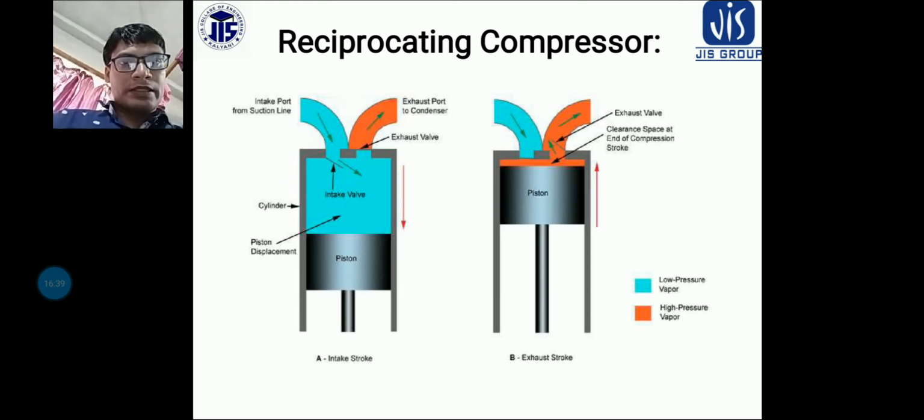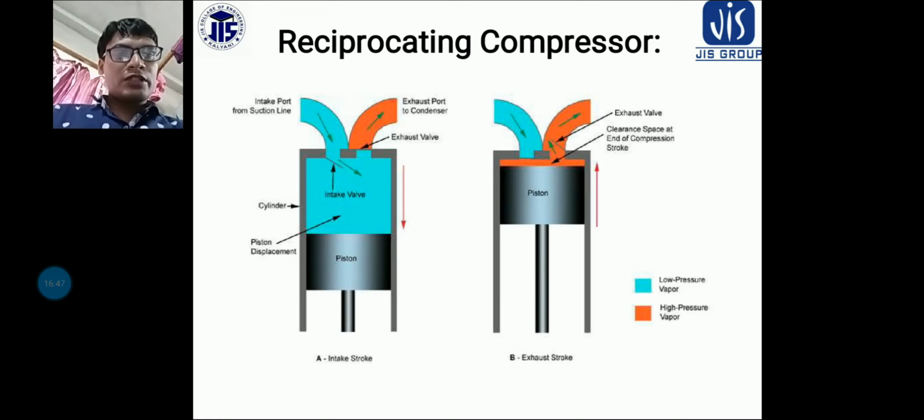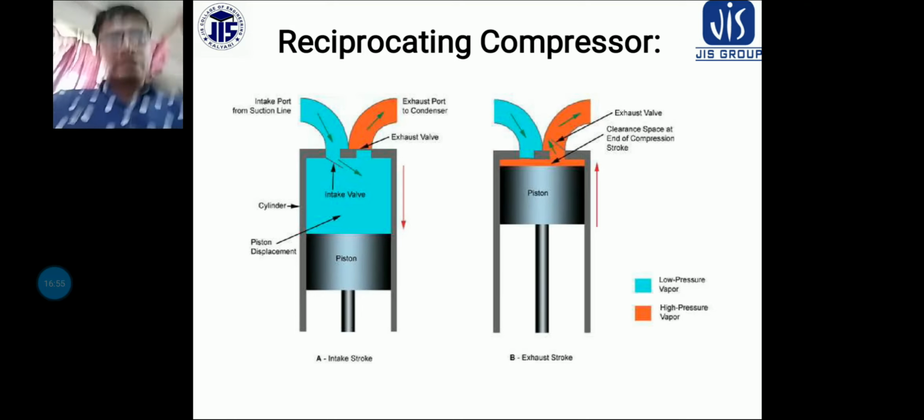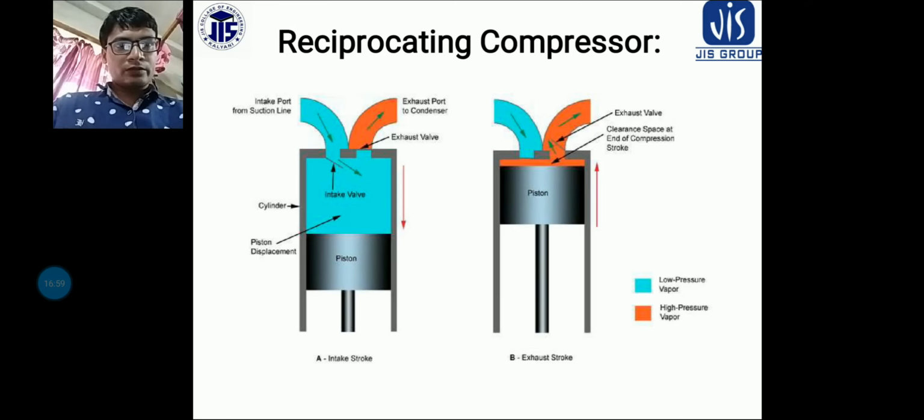After entering the system, in the compression stroke or exhaust stroke, the piston is moving from BDC to TDC, and at that time the inlet valve is closed and the outlet valve is open.